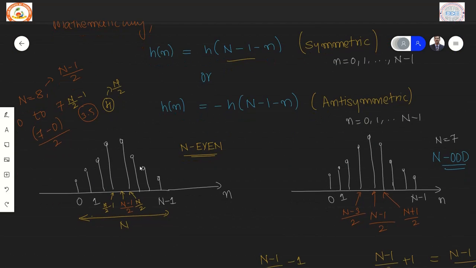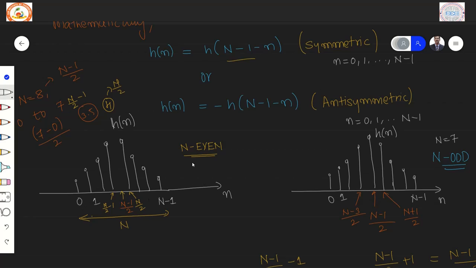If you see the plot of the impulse response, we have two cases. First, when the length N of the impulse response h of n is an even number. In the second case, when its length N is odd.